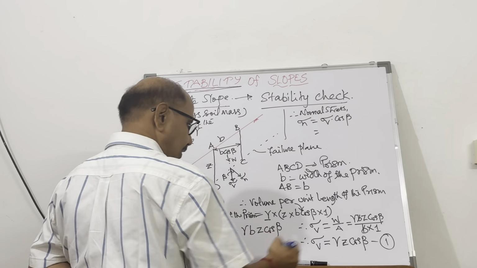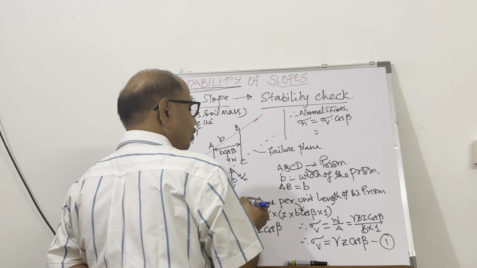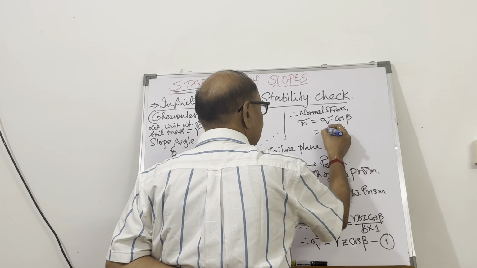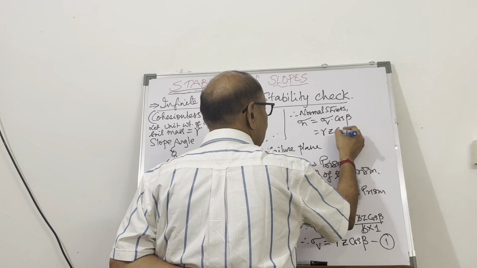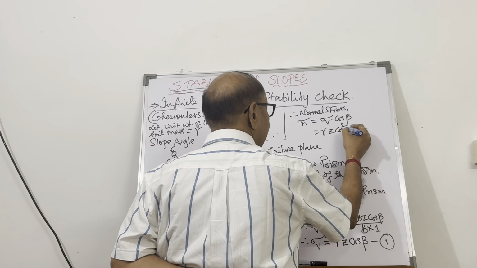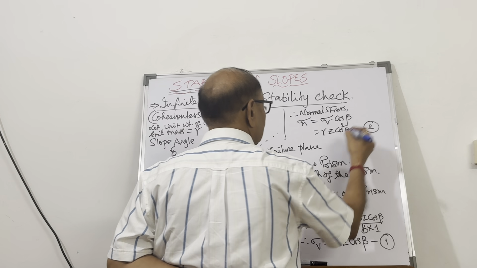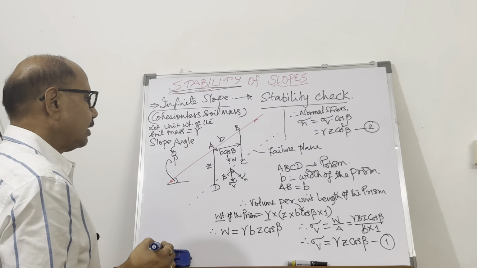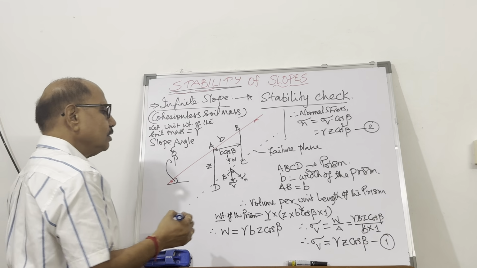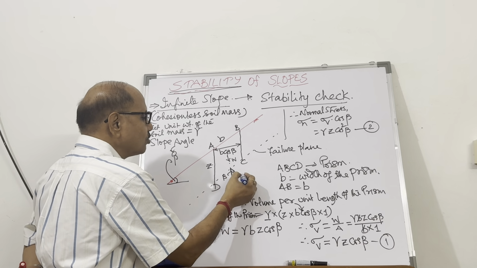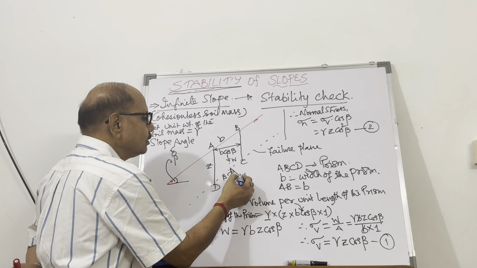And if you substitute sigma v as gamma z cos beta, this becomes gamma z cos squared beta. So the normal component has been calculated.